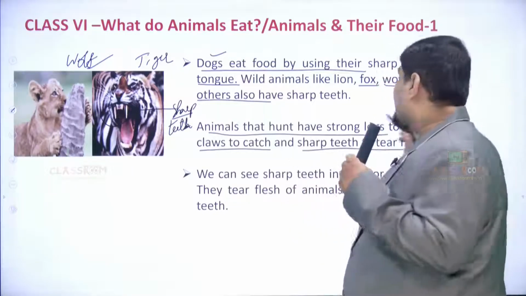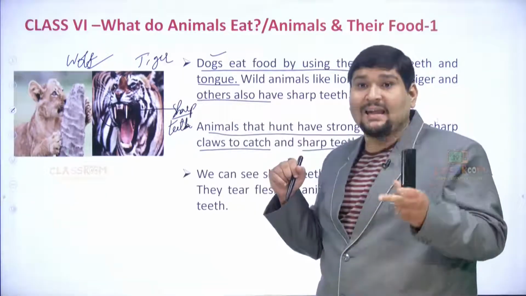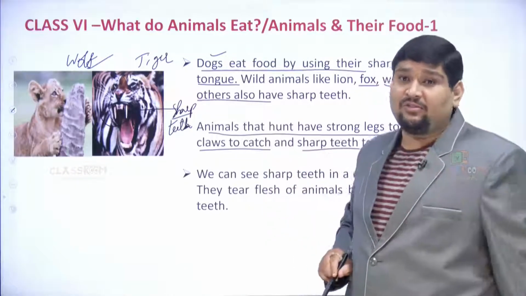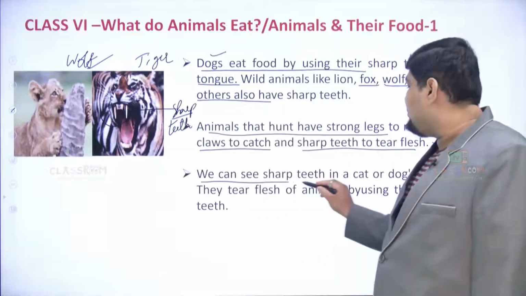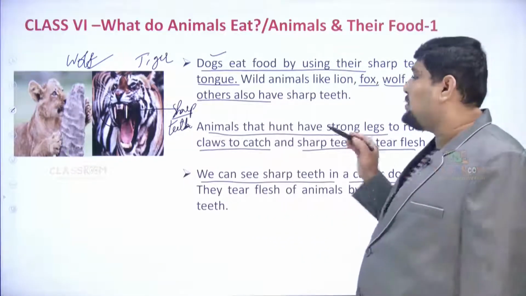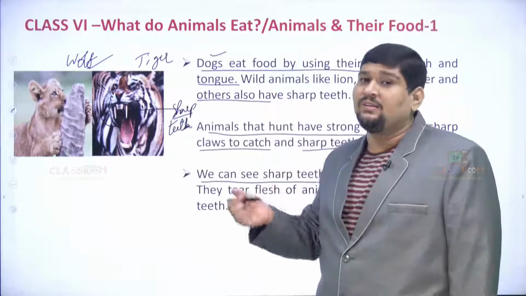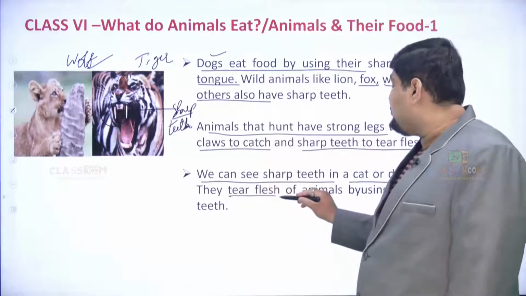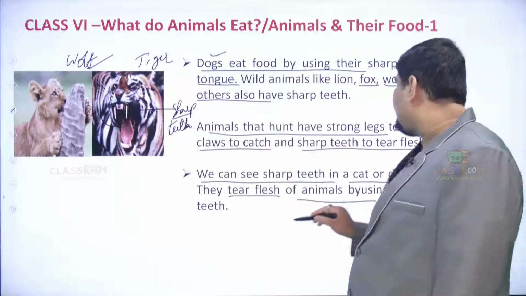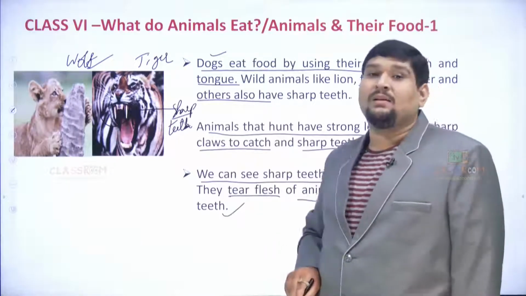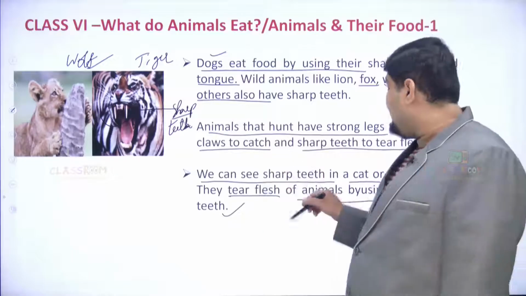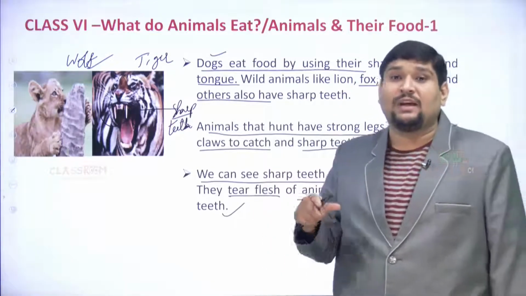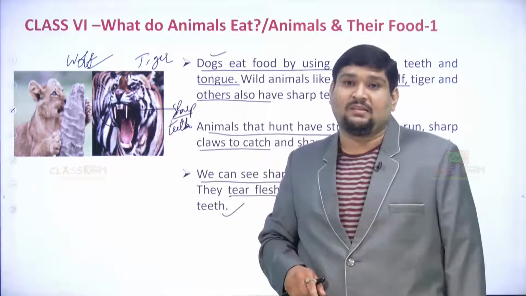And they have sharp claws to catch and sharp teeth also to tear the flesh. We can see sharp teeth in a cat's or dog's mouth also. They tear the flesh of animals by using these sharp teeth only.